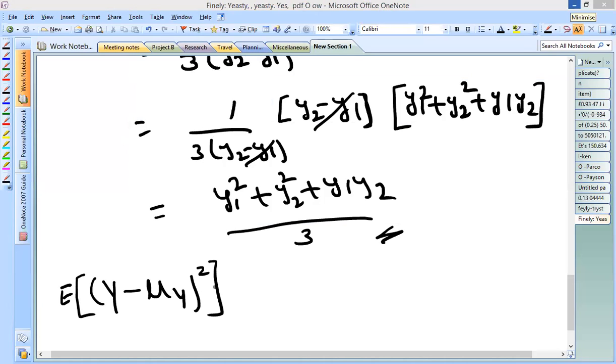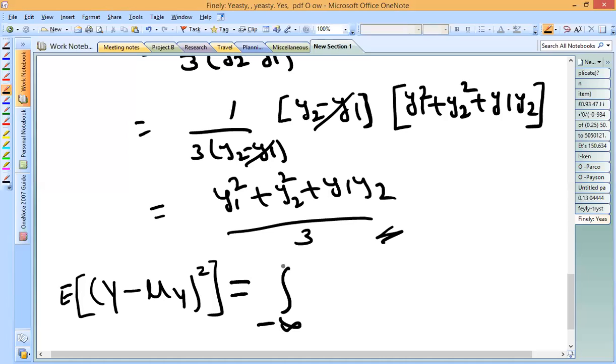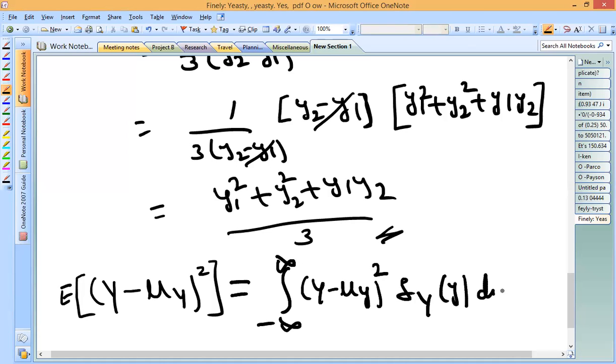Now, expectation of the square of the random variable about the mean. So its equation is integral minus infinity to plus infinity. Here we had x minus mu x whole square. That is nothing but we'll be expressing that as y minus mu y whole square. You just go with the equations that were shown at the beginning, into fy of y with respect to y.